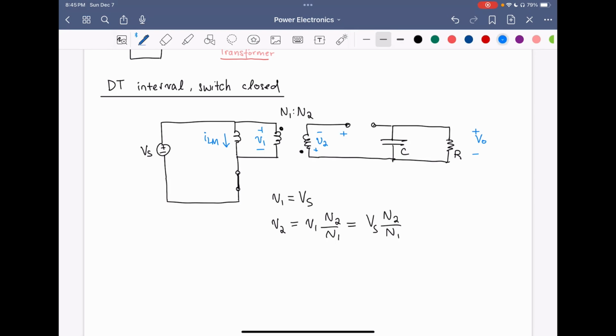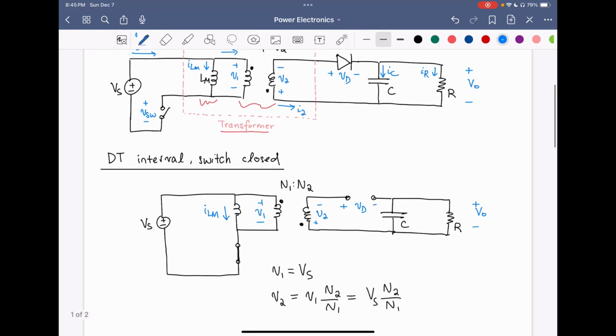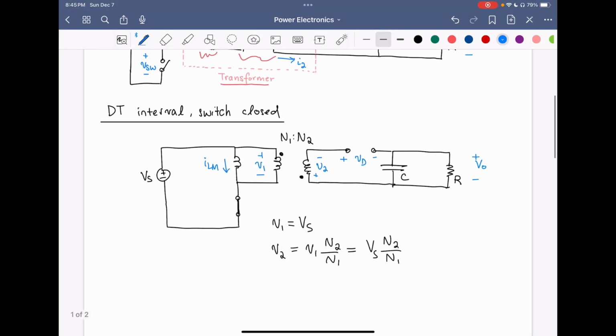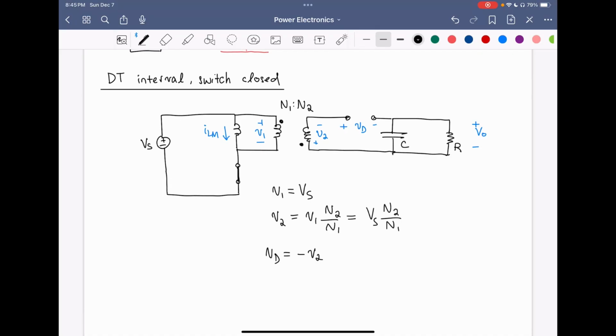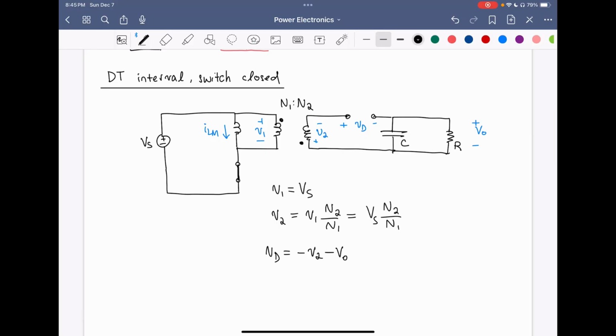Now, we want to check the state of the diode. Is the diode turned on or off? We can determine the state of the diode by finding the voltage VD. VD is going to be equal to negative V2 minus Vout. And negative V2 is negative Vs N2 over N1, minus Vout.